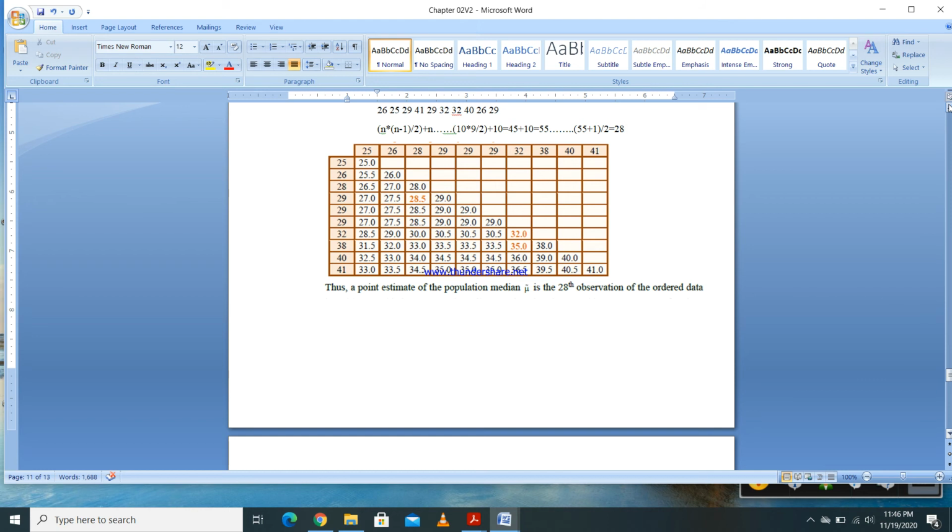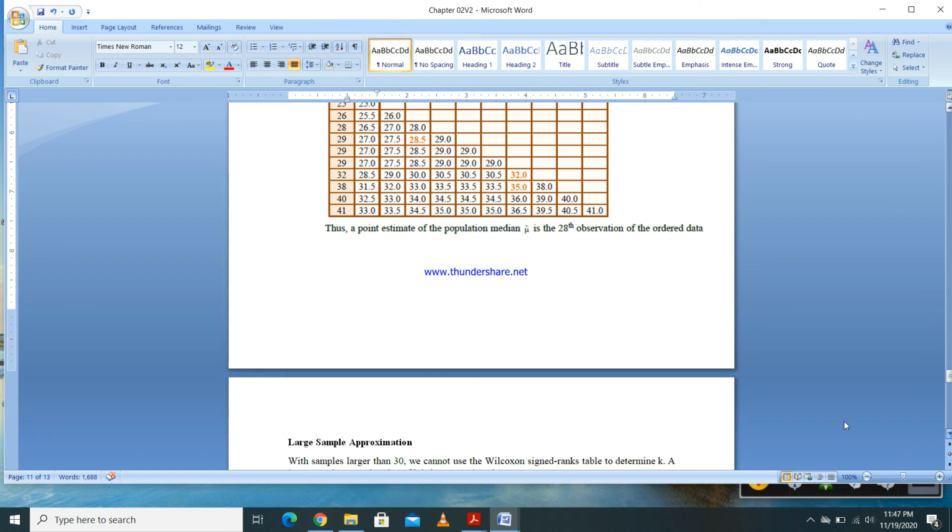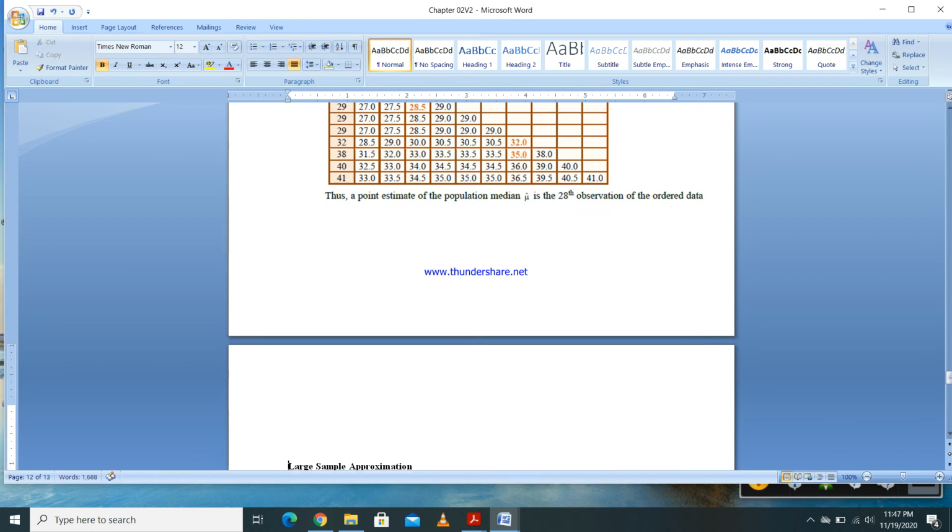Here we have 10 observations. If we are going to find a 95% confidence interval using the Wilcoxon signed rank test, the alpha value we are taking is 0.05.